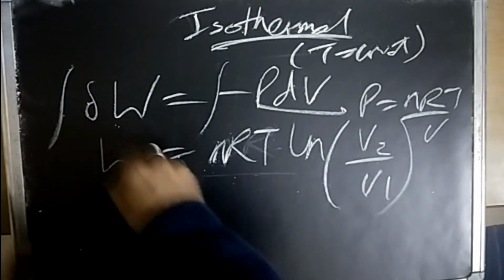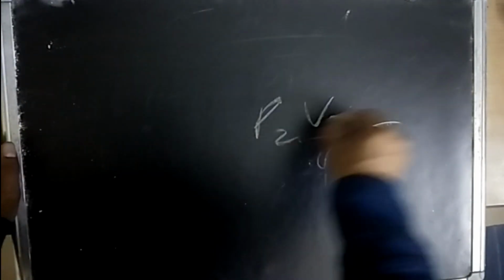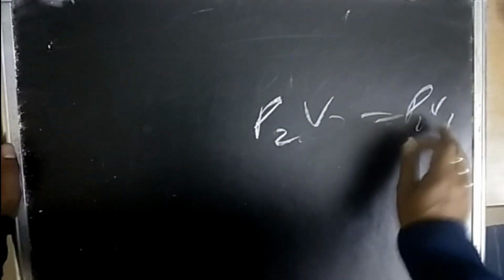This is the work done for isothermal. Also, we know P2 V2 is P1 V1 for an ideal gas, so V2 by V1 is P1 by P2. In the ln term, we can also write this.